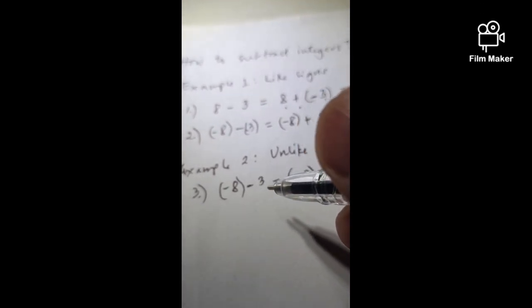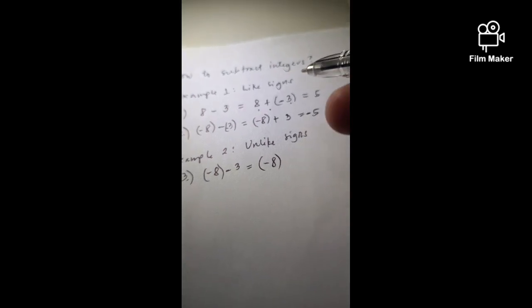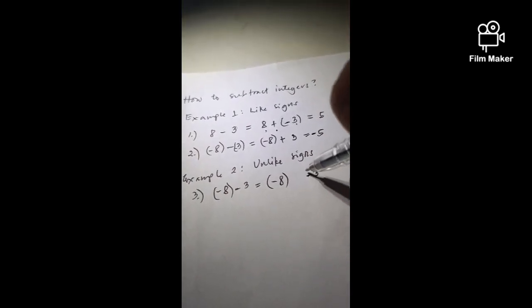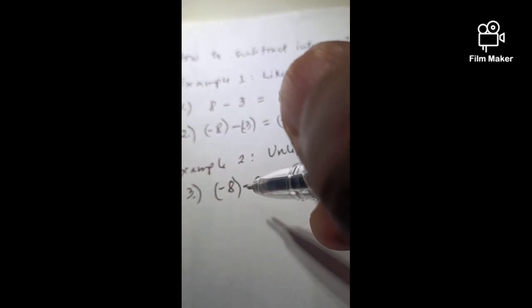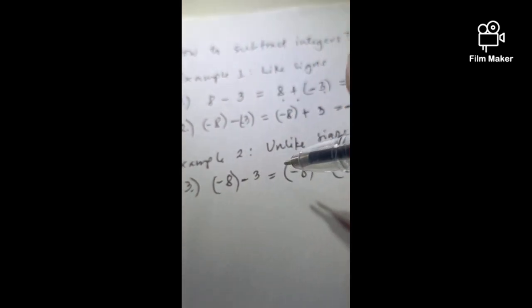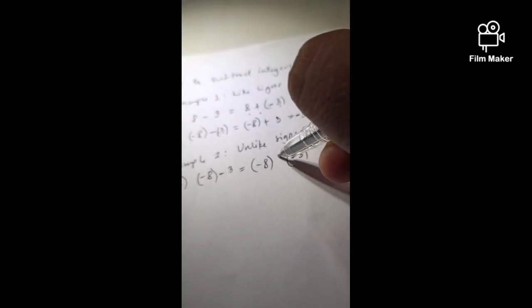This is now positive 3 will become negative 3. And then, the operation is subtraction. We proceed to addition.